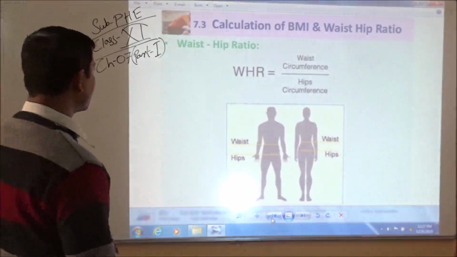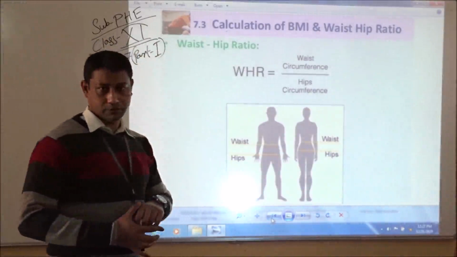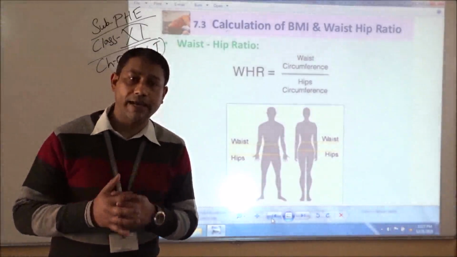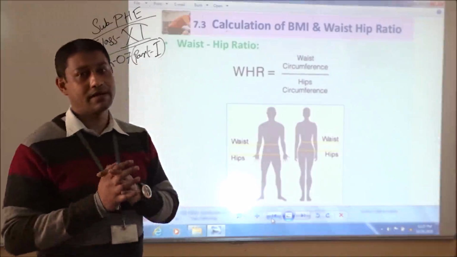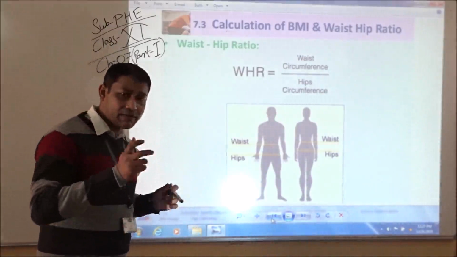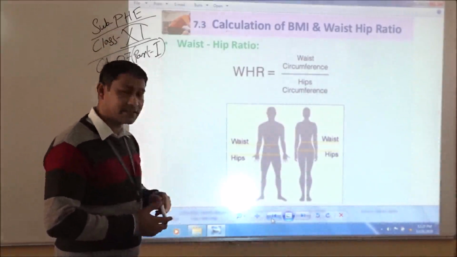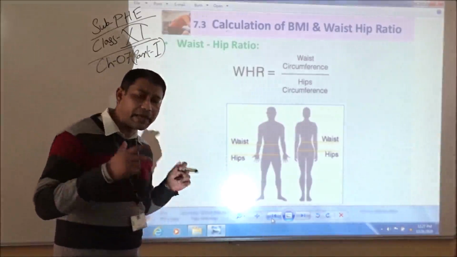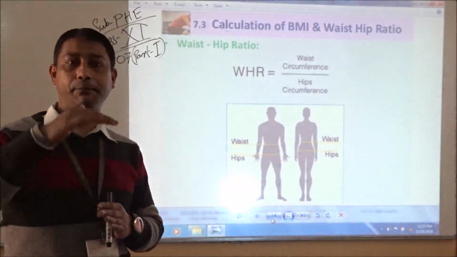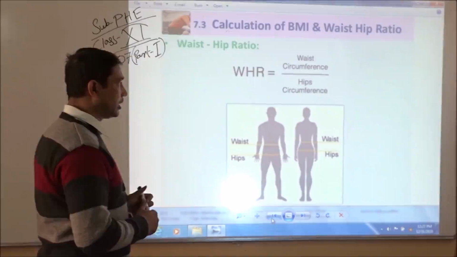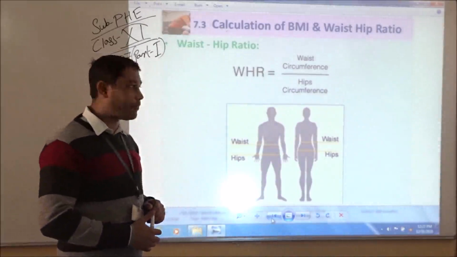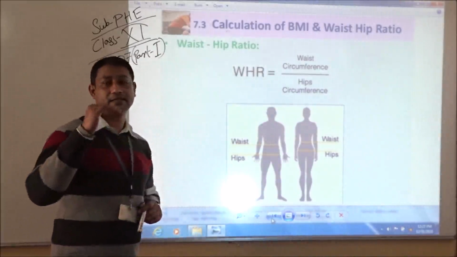Moving ahead is waist-hip ratio. Now we will come to know how to calculate waist-hip ratio. Here, the circumference of the waist region and the circumference of the hip region are measured and put in the formula. The formula is waist circumference upon hips circumference.